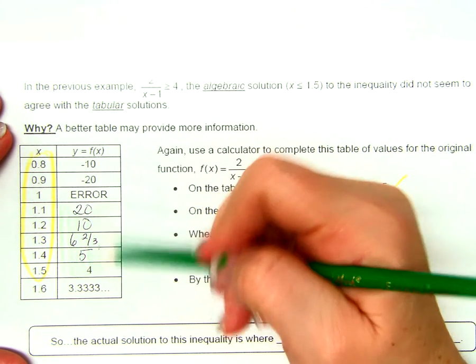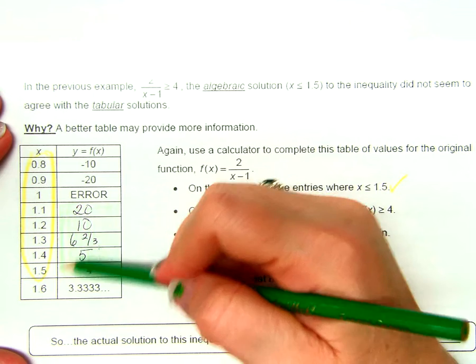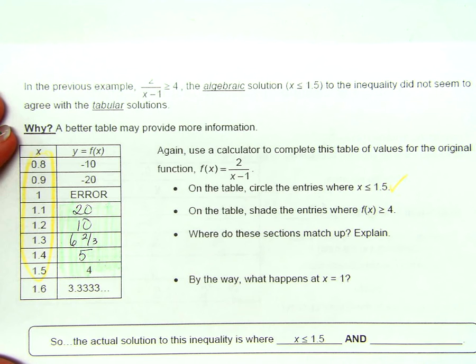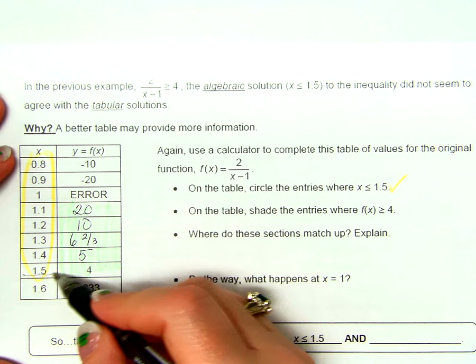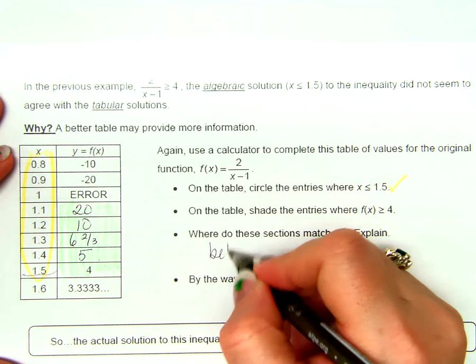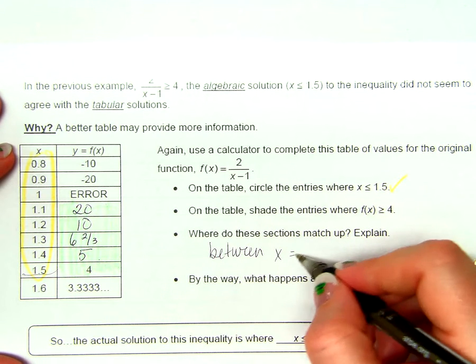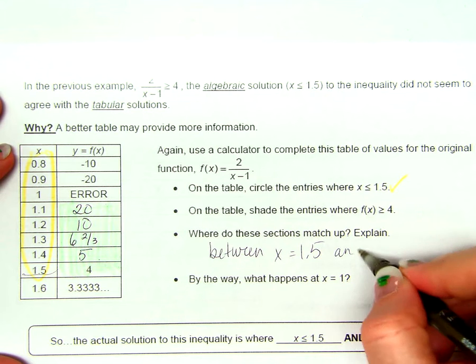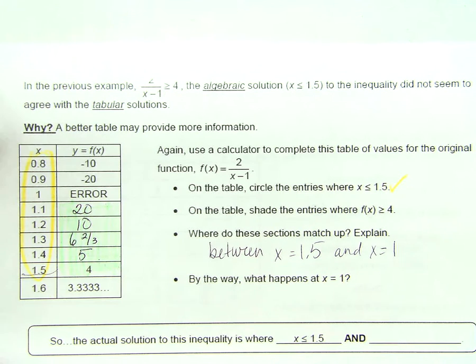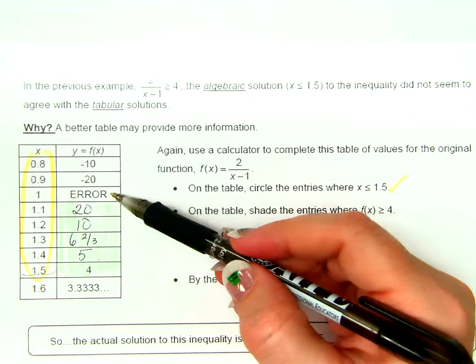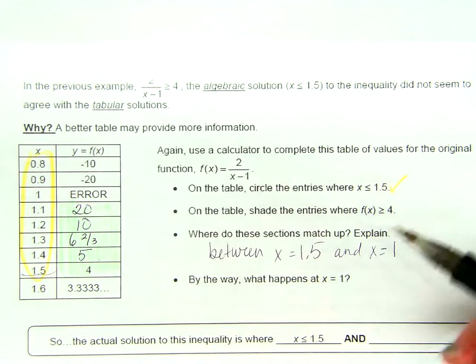Isn't it all that right there? Where do these sections match up? Between x is equal to 1.5 and x is equal to 1, right? Isn't it between those two values? It doesn't include x equals 1, does it? Because that's an error. That's an asymptote.